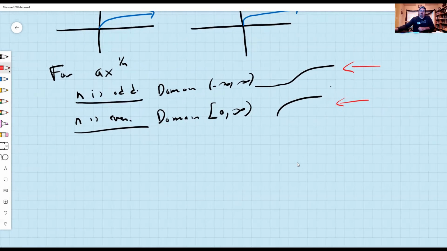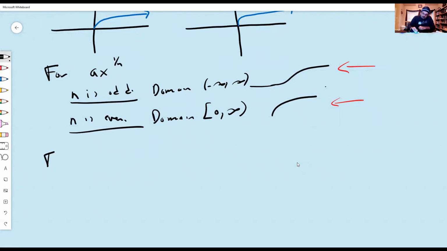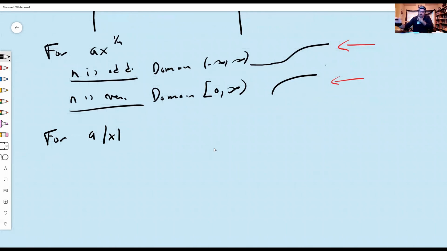Okay. The last one. If you have an absolute value of x, now note, in this particular problem, the exponent on x is 1, which means without the absolute value it'd be just a straight line, going straight like this, or like this. But the absolute value makes everything positive.